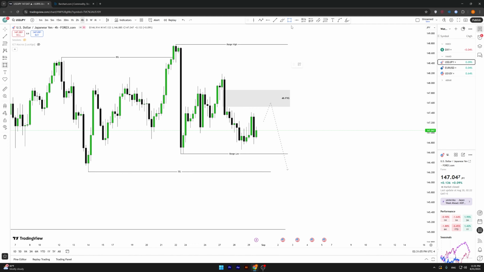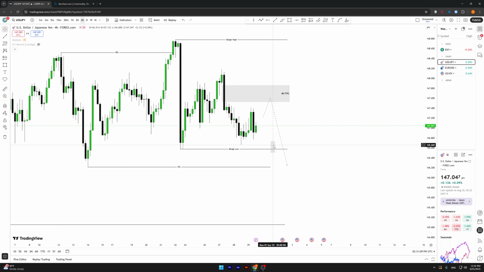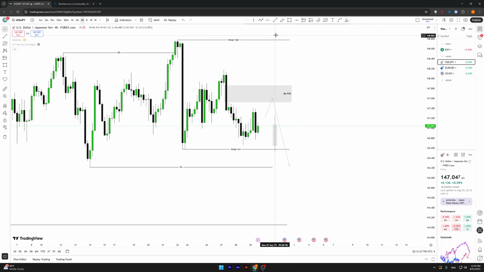But if price creates the same model here as I have explained already, this is CRT. So I will wait for price like this, sweep this range low, and then another candle closes above, also sweeping this low.